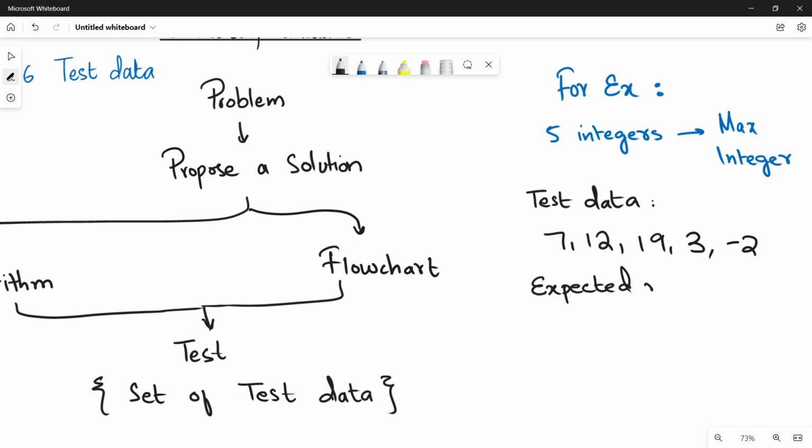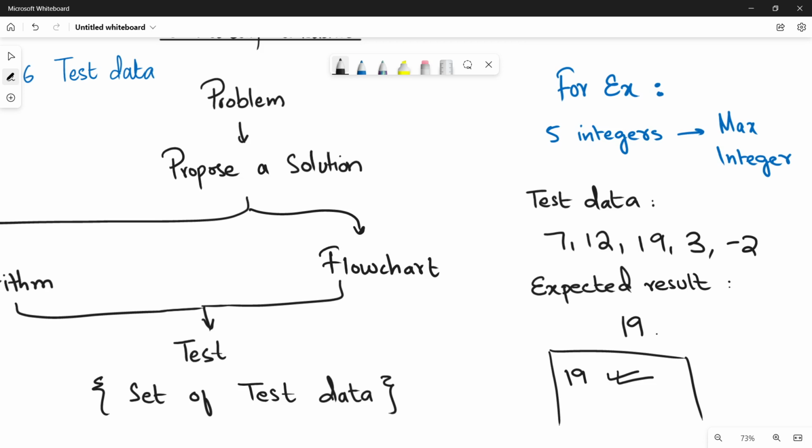The expected result says that out of all of these integers that are given as test data to this algorithm, the expected result after finding the maximum integer would be 19. So, when we work through the algorithm, if the result that we see on the screen is 19, then you can say that yes, the algorithm is working the way it is expected.